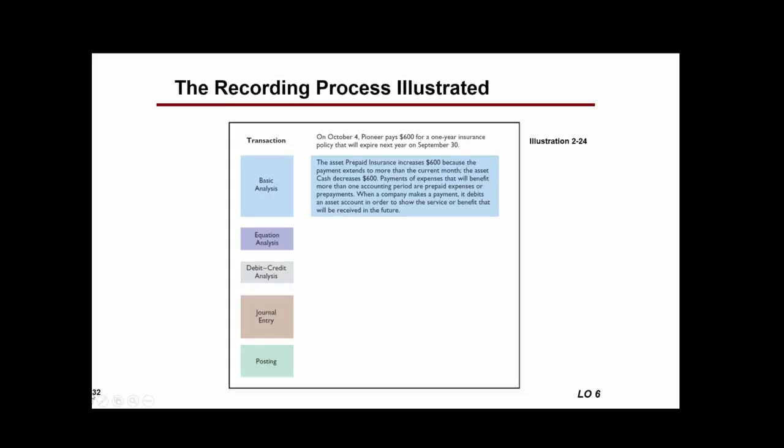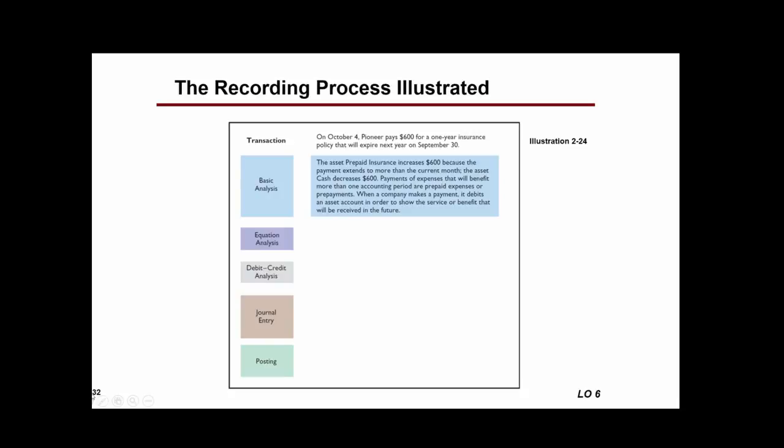So we treat it as what? As an asset. Later on we will learn how we will adjust for that asset every month. Why? Because the insurance will expire every month, by 1 month. Okay? But for now, this is what we know.